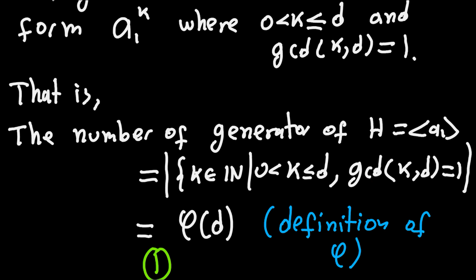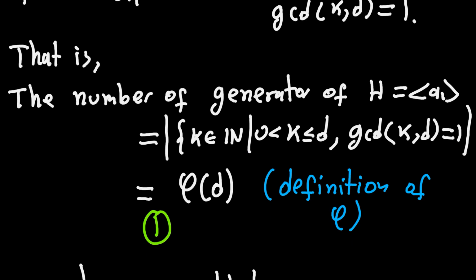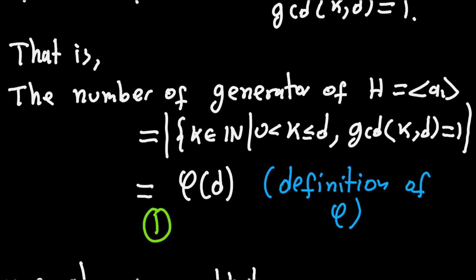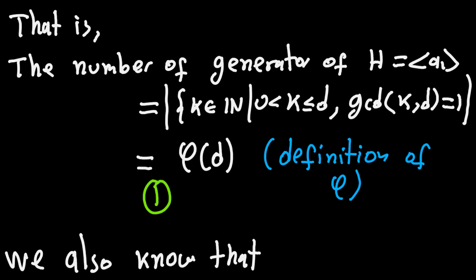That's because of the corollary we proved about the generators of a cyclic group. But this right here is exactly the definition of the function phi. Phi is the number of elements between 0 and D that are relatively prime to D. And so that by definition is phi of D. So I'm going to call this one number 1. I hope that was clear.